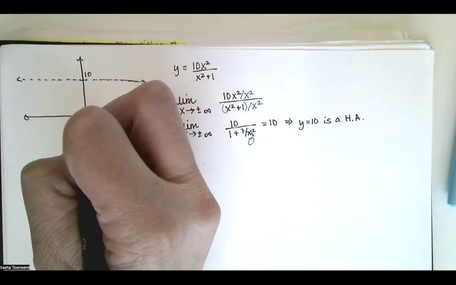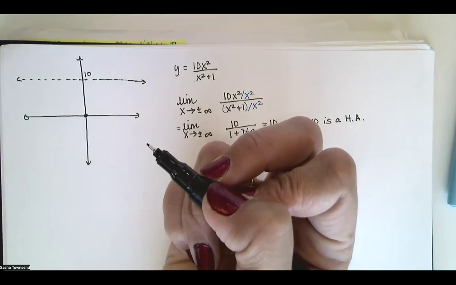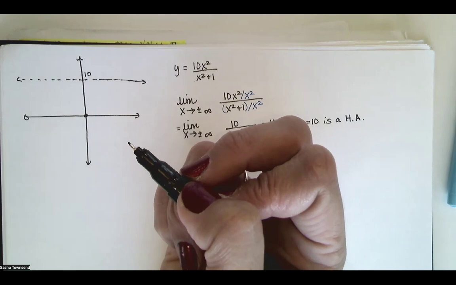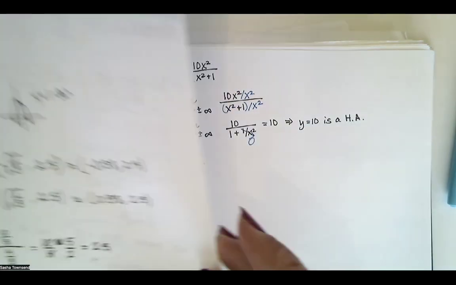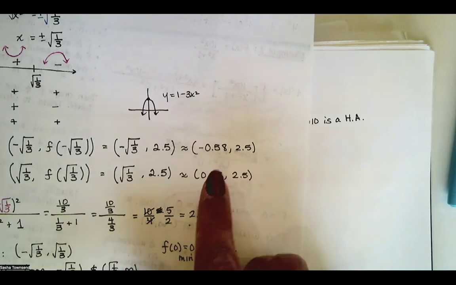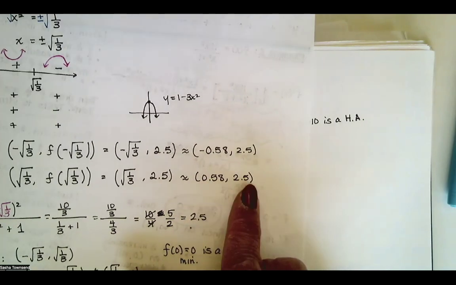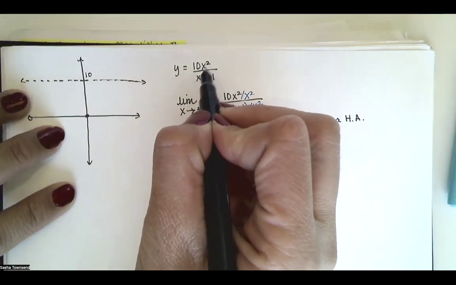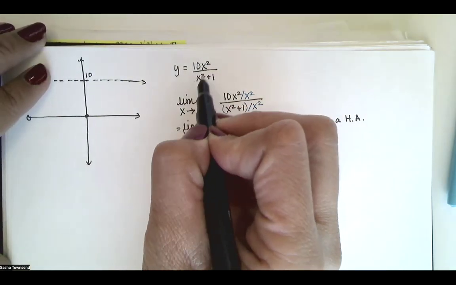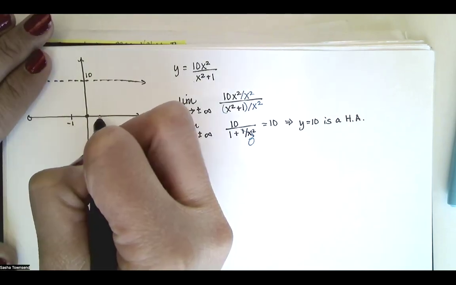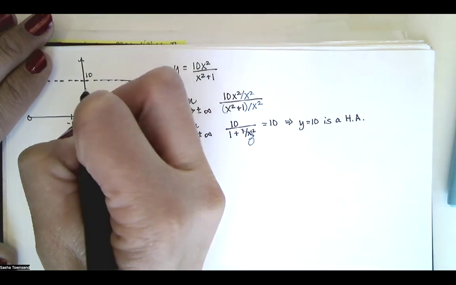Now we know that at x equals 0, our function is 0, and that's supposed to be a relative minimum. And what else do we know? At x equals negative 0.58, the y value is 2.5, and at x equals positive 0.58, the y value is 2.5. And that makes sense because of the symmetry. If we've got this x squared everywhere, here's negative 1 and 1.